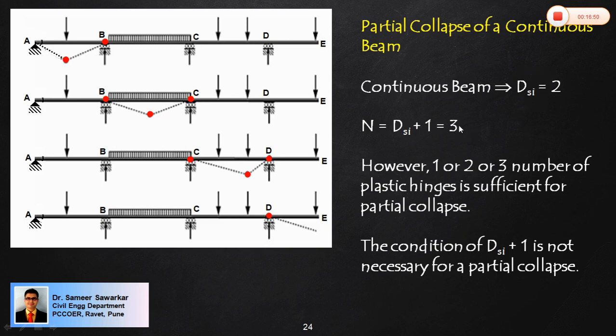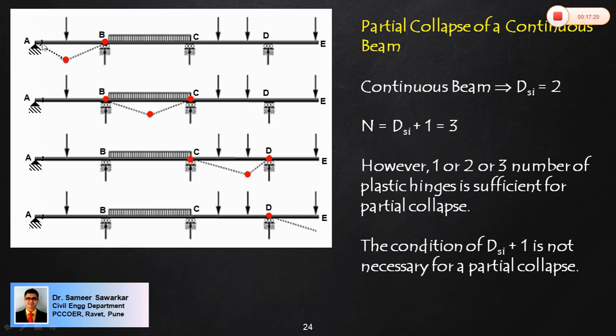So as per the theorem established earlier, number of plastic hinges required for complete collapse is DSI plus 1, which is 2 plus 1 means 3. However, 1 or 2 or 3 number of plastic hinges is sufficient for partial collapse. So this is very important, and please look at the diagram.